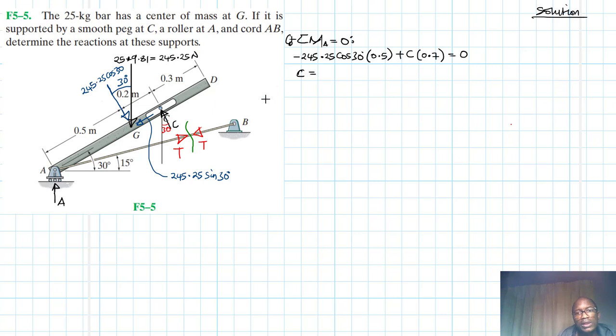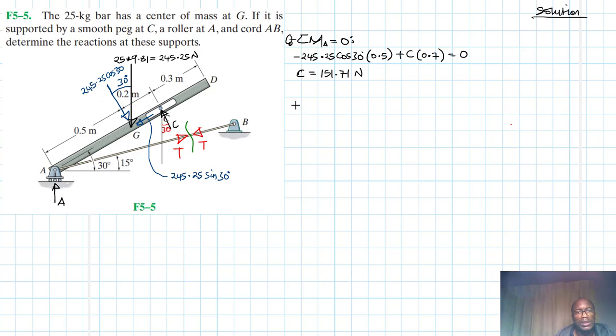Therefore, our C is equal to, let's find what C is, minus 245.25 cos 30 times 0.5 divided by 0.7, which gives 151.71 newtons.